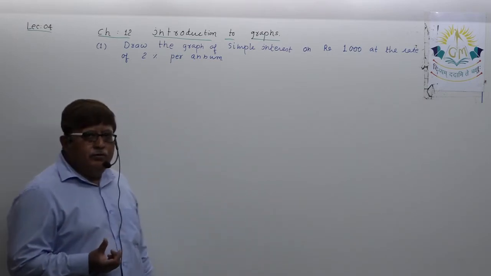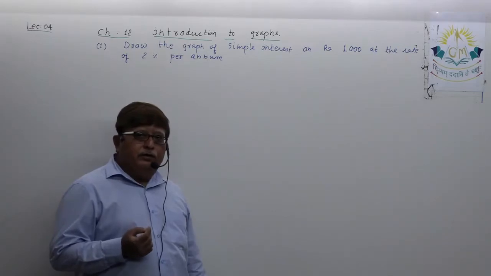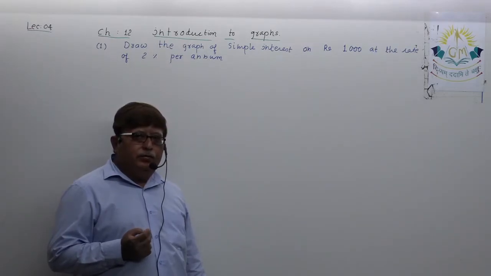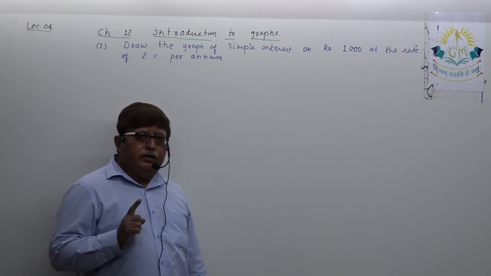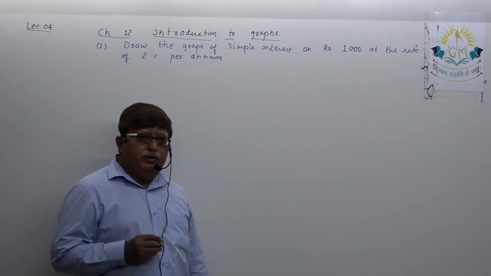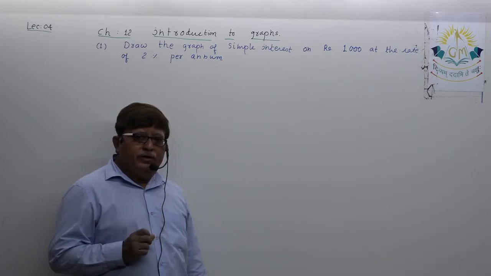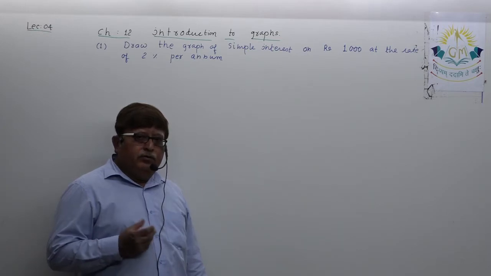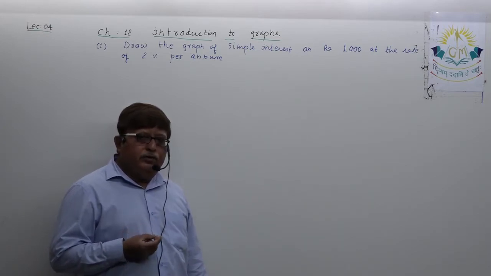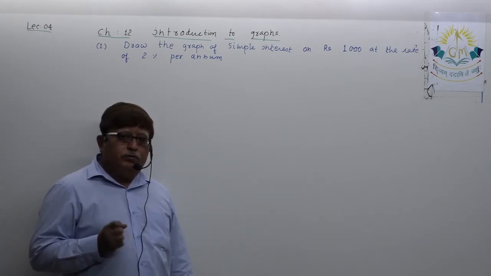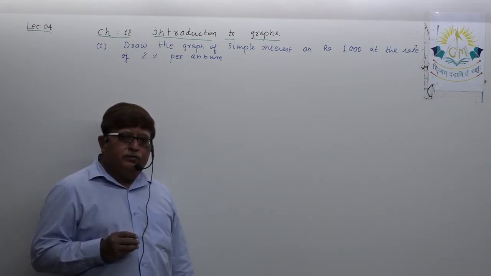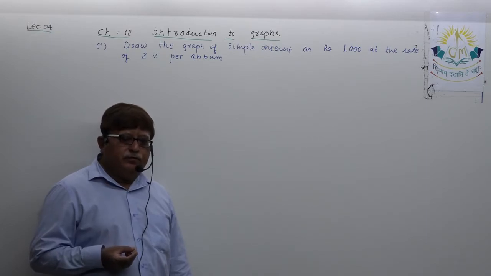Always, as you know, you require two variable quantities, one x, one y. X we always take as the independent variable, y we always take as the dependent variable. So here in this particular question, what should be taken as x? What should be taken as y?